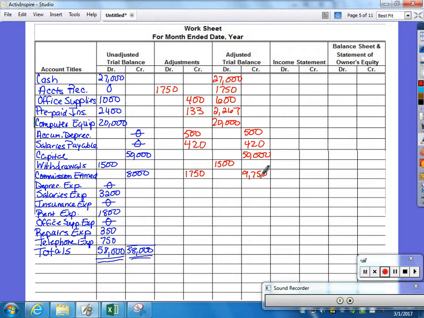What about depreciation expense? Yes. Increase or decrease? Increase. How much? 500. So we're going to do 500 here and also bring it here.